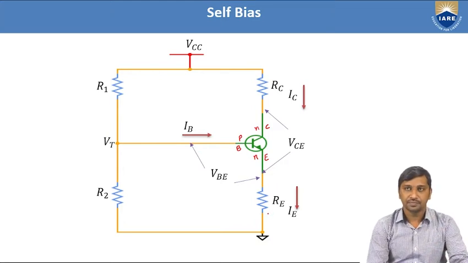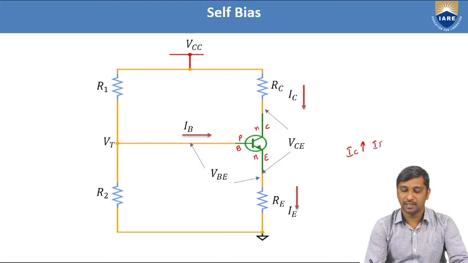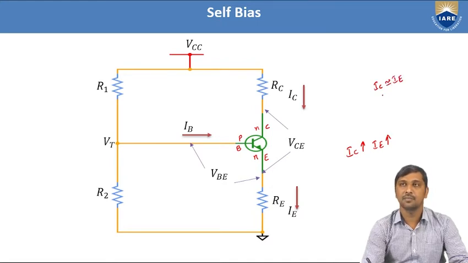Whenever the collector current changes, proportionally the emitter current also changes. Why? Based on the construction of the transistor, we know that IC is approximately equal to the emitter current, meaning the collector current is approximately equal to the emitter current.